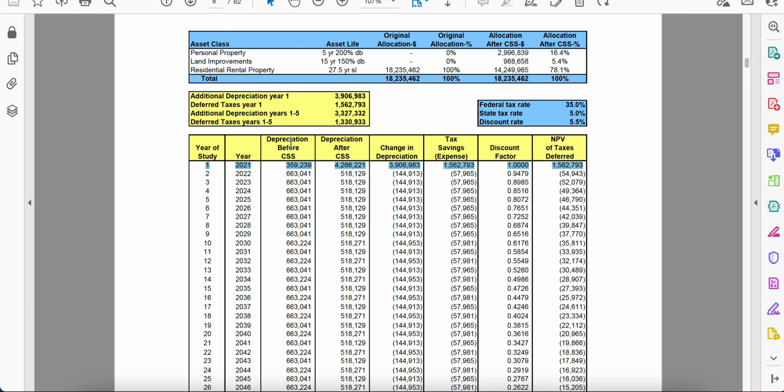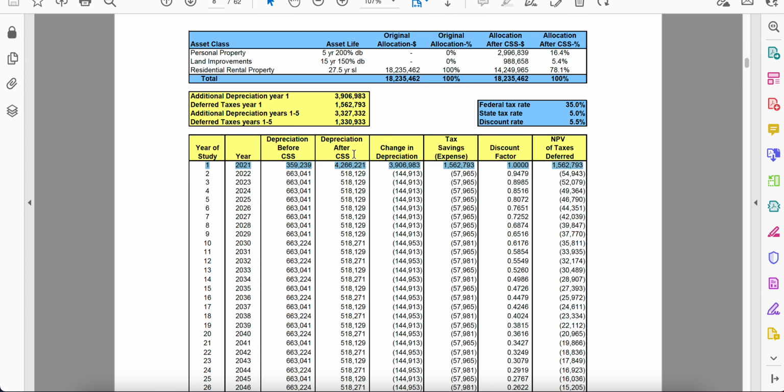So before the cost segregation study, we would have been able to take $359,000 of depreciation. That's because we closed halfway through the year, and so this would have been a half a year's worth of straight line. That would have been the half a year of straight line depreciation, which you can see is the same each year if you follow it down.